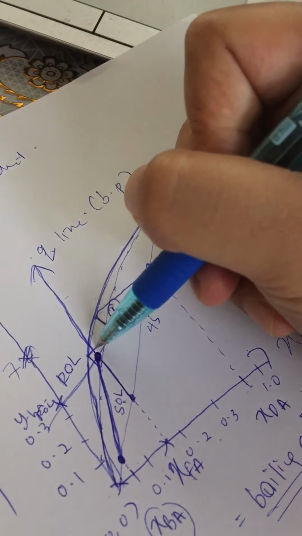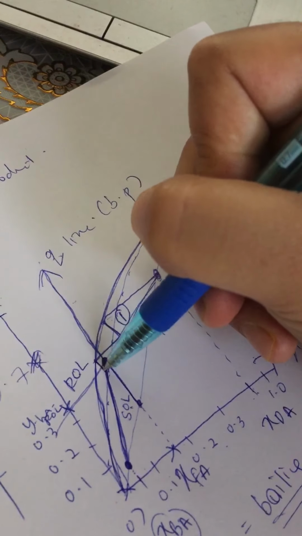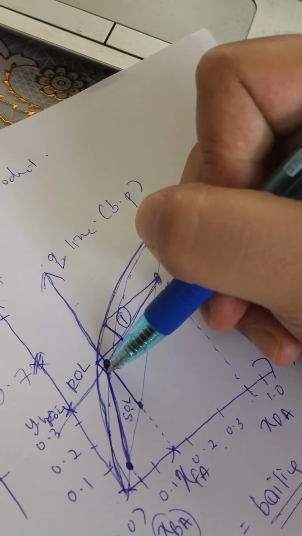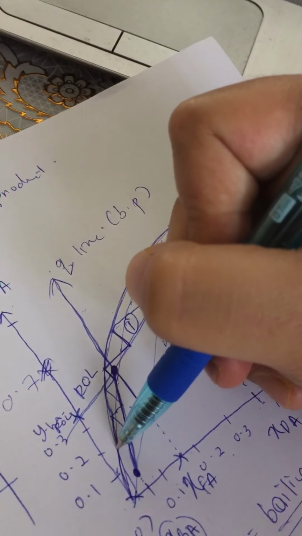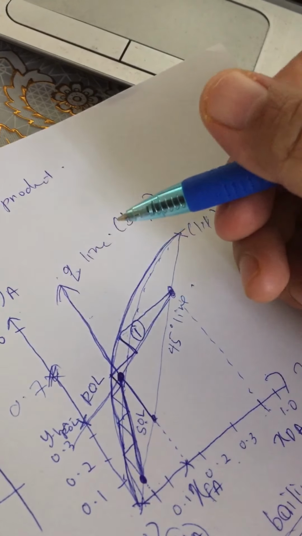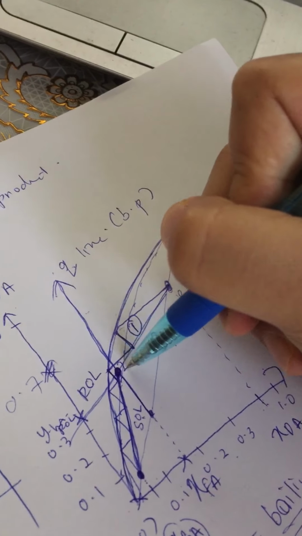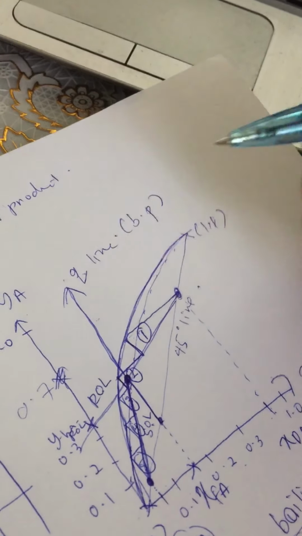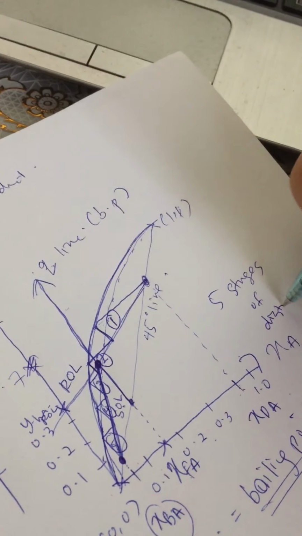Then you repeat the same step: go to the equilibrium line, go to SOL, go to the equilibrium line, go to SOL, until you stop at XBA at the 45-degree line. Finally you can calculate the number of stages, which are the complete triangles: 1, 2, 3, 4, 5. For my draft, this is 5 stages of the distillation column.